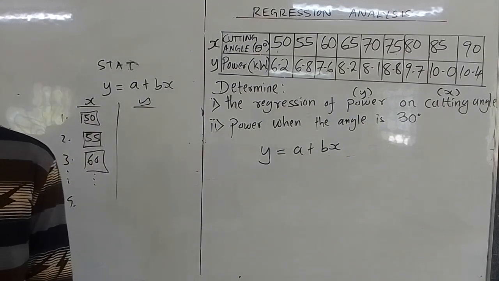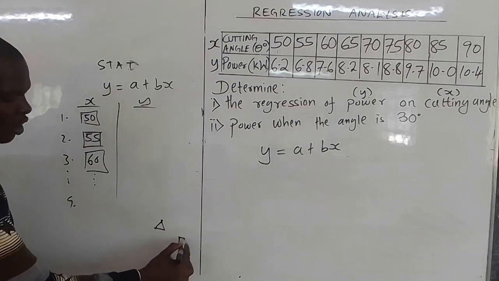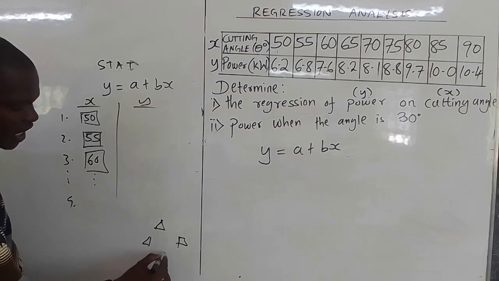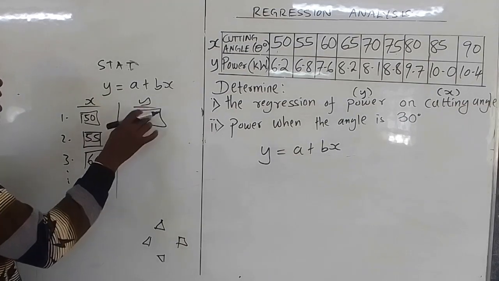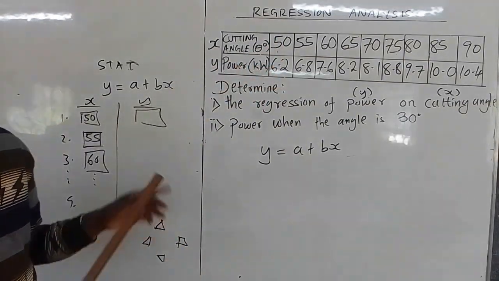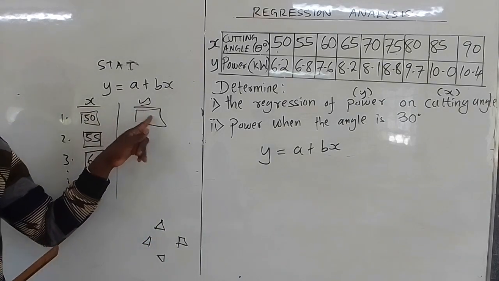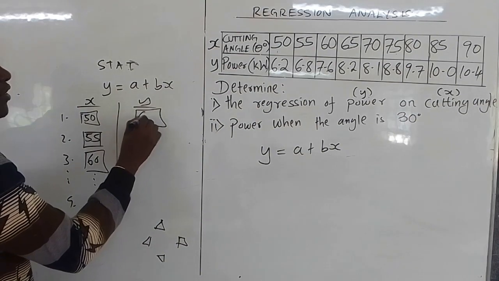Then you confirm those values. Are we together? Once you have fed the x values, you use the scroll buttons on the calculator to move until you get to the first y value on top here, which corresponds to 50. The one which corresponds to 50 is 6.2. Then you record the first y value, 6.2.